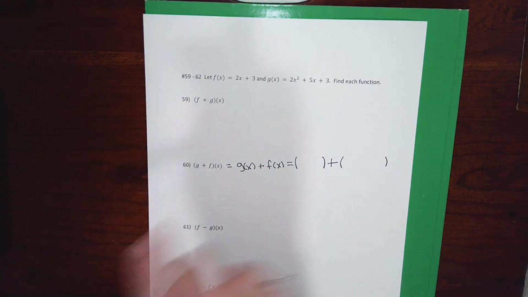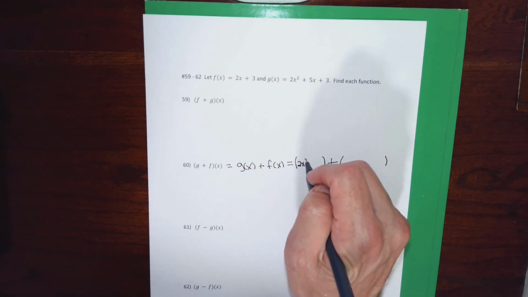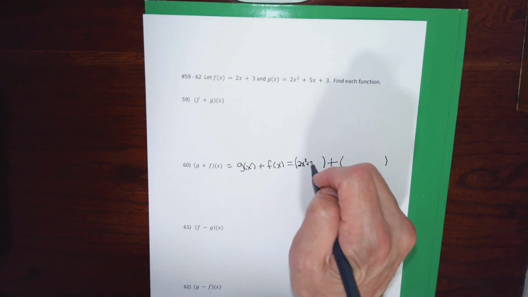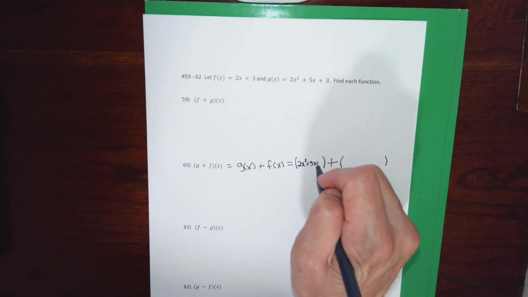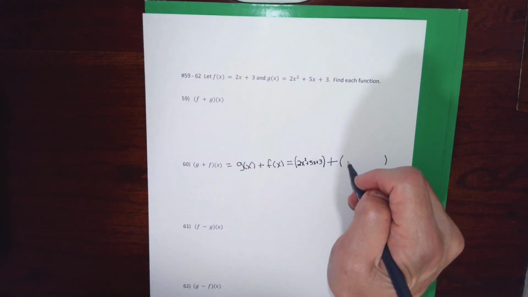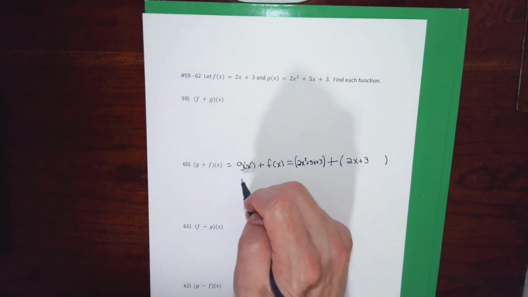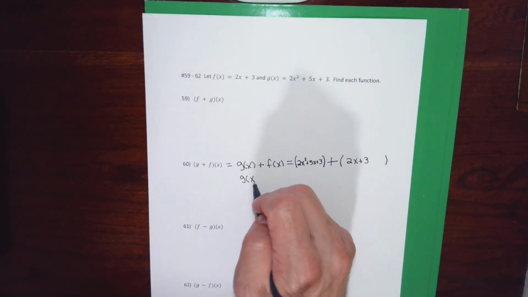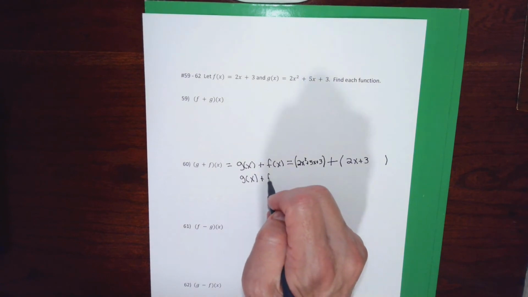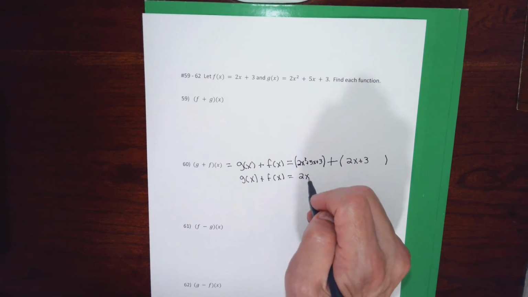For my problem 60, inside the first parentheses, I'm going to put 2x squared plus 5x plus 3. And for my second parentheses, I'm going to plug in what f is equal to, which is 2x plus 3. Now I'm going to drop both parentheses without changing the contents because of the way the problem is set up.